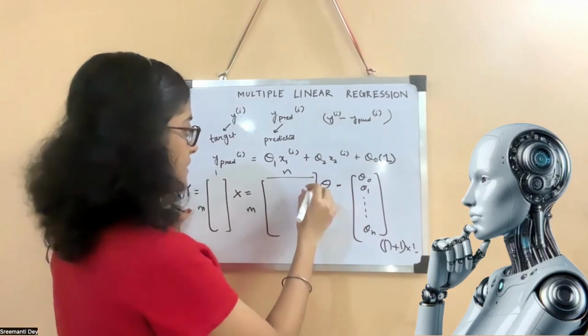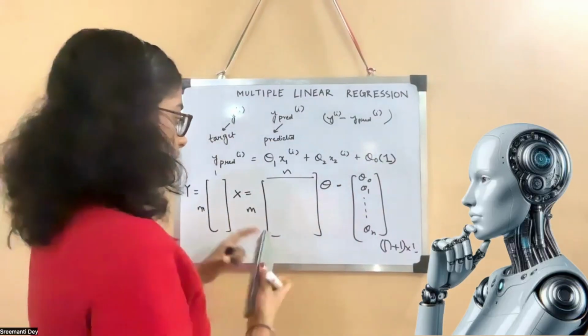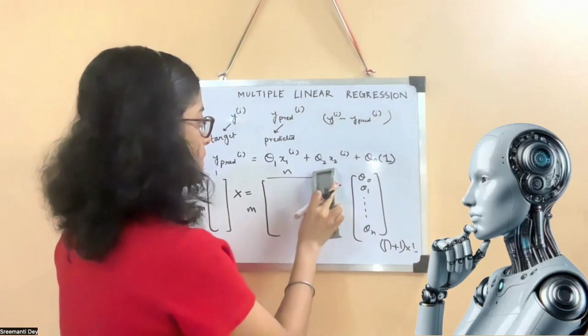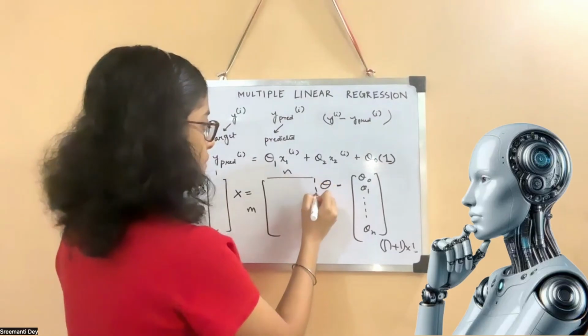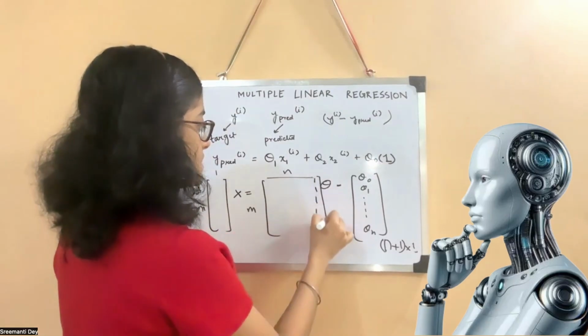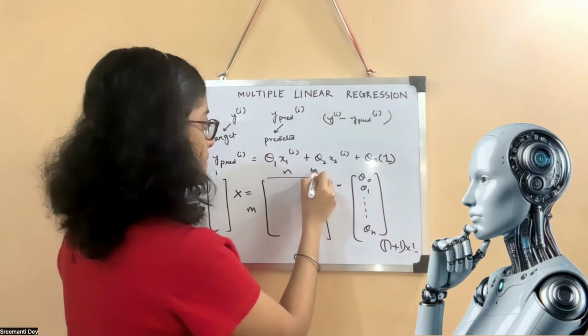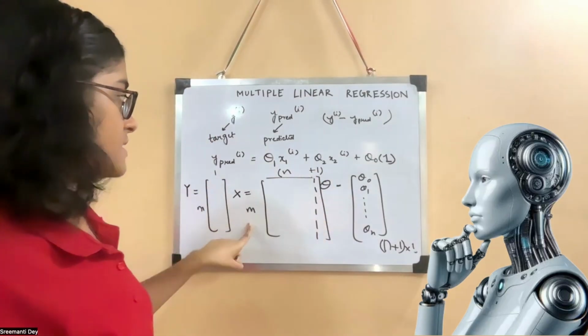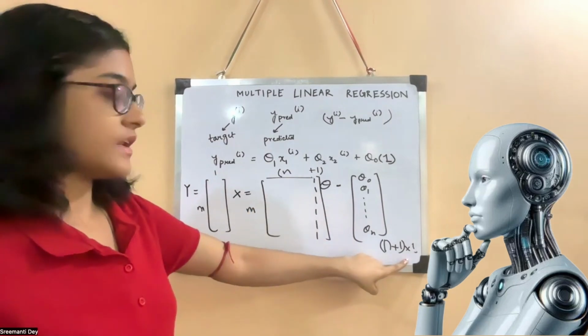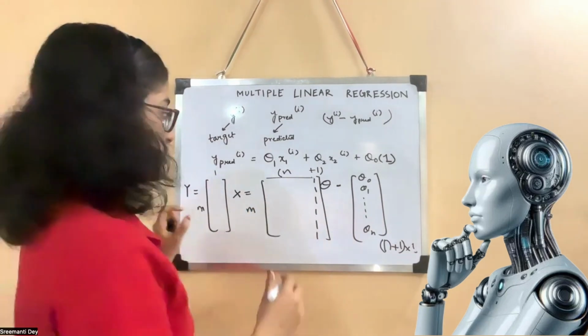So then we'll make this. These are the n features we have. Now we'll have another column of 1s. So this becomes plus 1, so this becomes n plus 1. So now you can see this is m cross 1, this is m cross n plus 1, this is n plus 1 cross 1. So we have a matrix multiplication here.